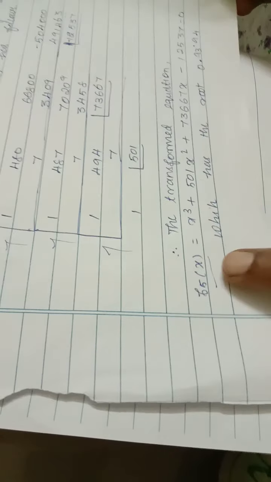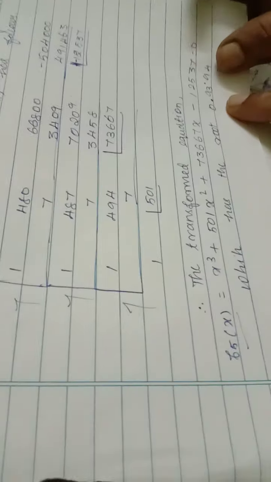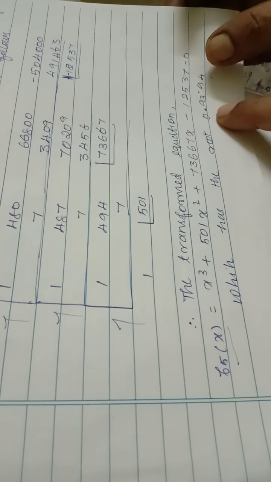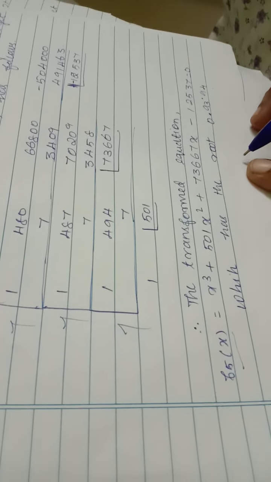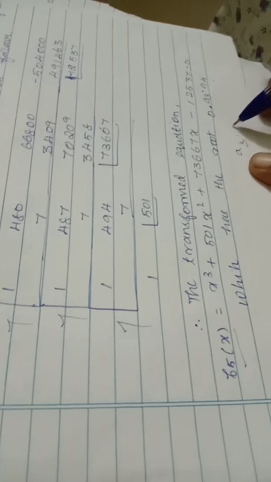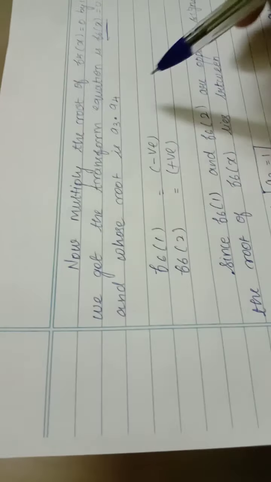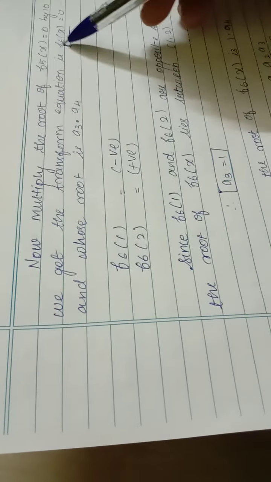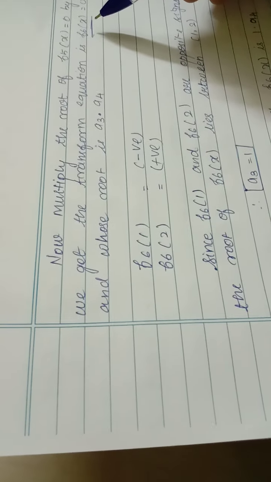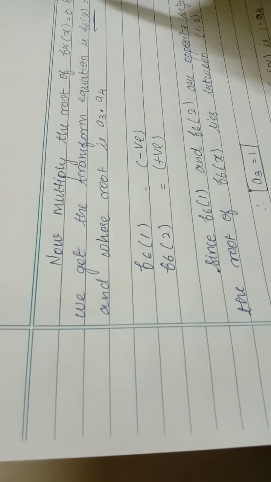The new transformed equation is denoted as f5 of x, and the root of that equation is 0.a3 a4. Then multiplying the root of this equation by the number 10, the new transformed equation root should be a3.a4. That equation is not shown here, so you have to find it, and by trial and error method, it is denoted as f6 of x equal to 0.